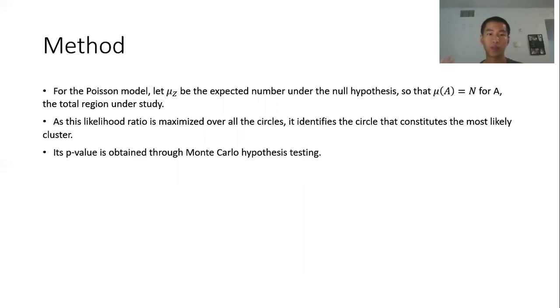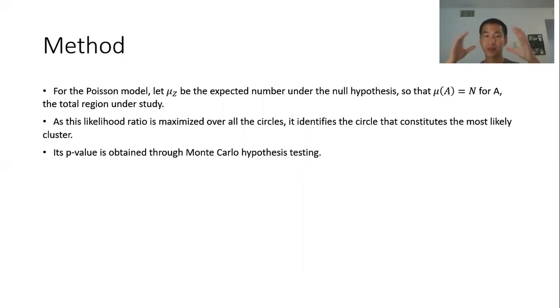For the Poisson model, we use mu_z to denote the expected number under the null hypothesis, which means how many cases you expect if everything is purely random across space and across time.